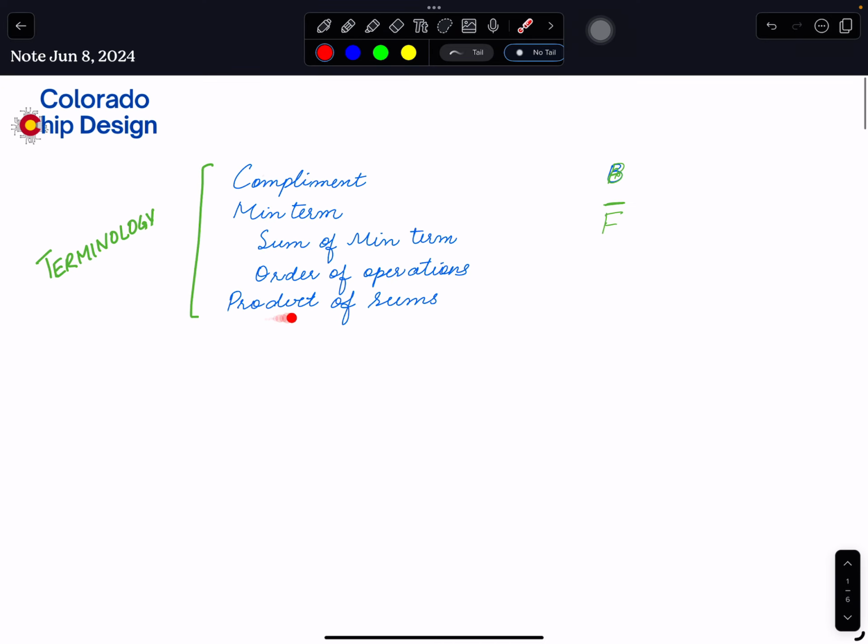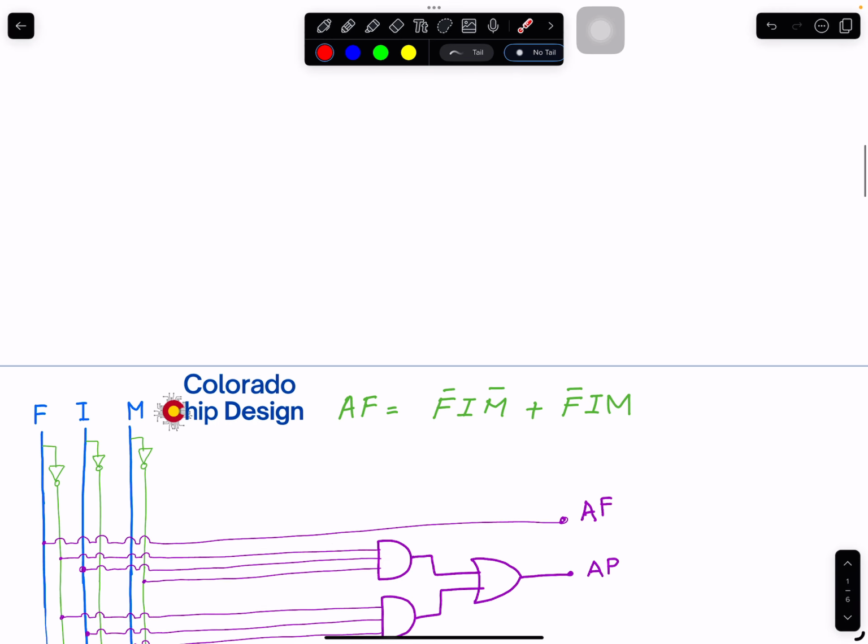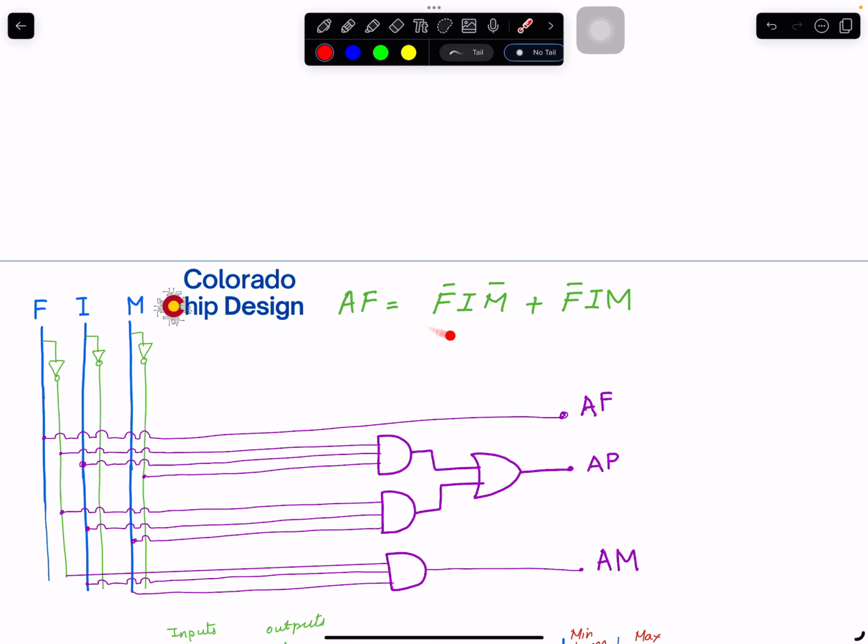You are probably thinking, okay, what if instead of multiplying them or ANDing them and then adding them or ORing them, why not do something like this, let me use the same red pen. We use something like this, which is the opposite of it.